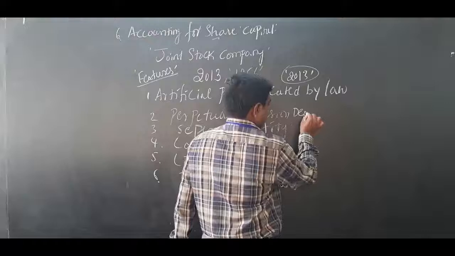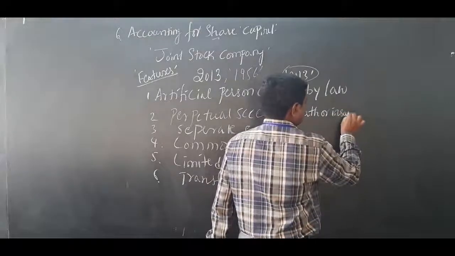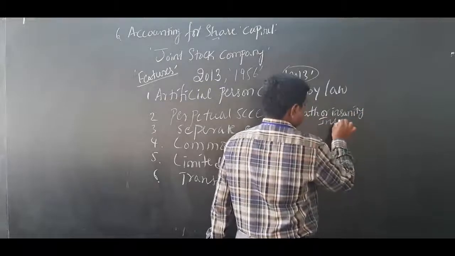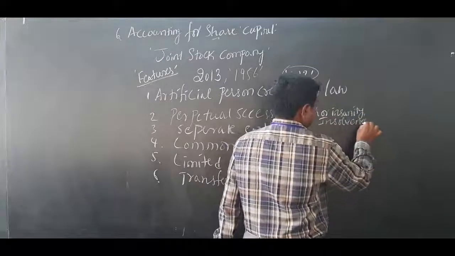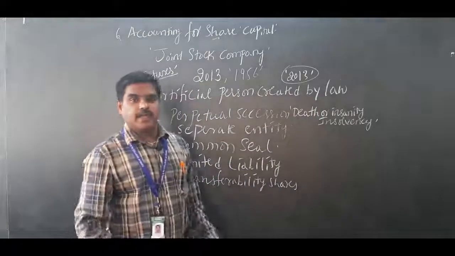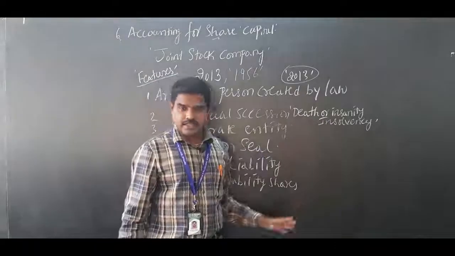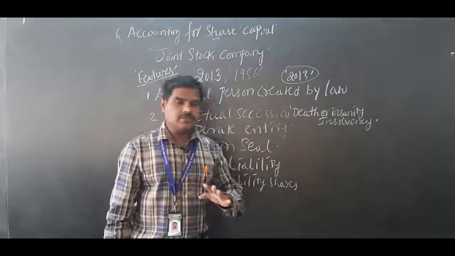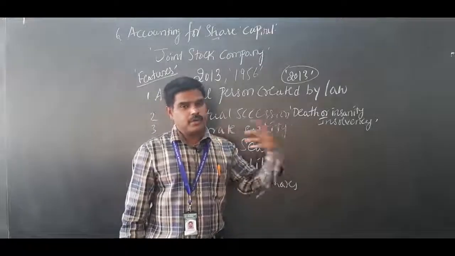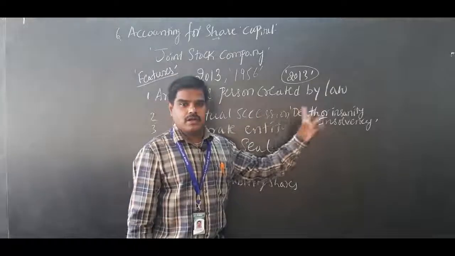Any death or any insanity or any insolvency of any of the shareholders, the company will not come to an end. Shareholders may come, shareholders may go, but the company is running for a longer period.